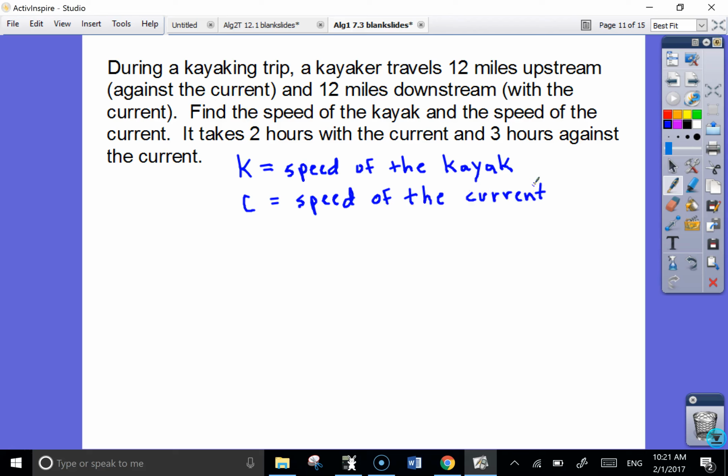So now, nothing in the problem actually has anything to do with, well, I shouldn't say it doesn't have anything, but it doesn't directly tell us anything about speed. But it does tell us how far we went in how much time. So let's see, with the current, all right, the kayaker traveled 12 miles in 2 hours.